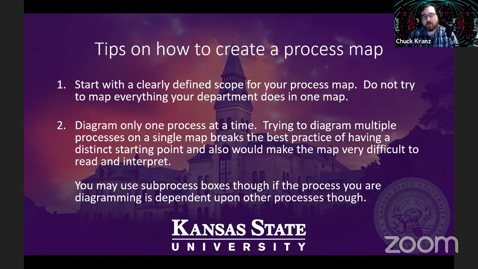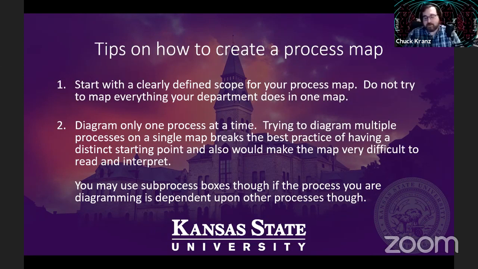Because it feeds into 2: you only want to map one process at a time. Trying to diagram many different processes on a single map not only breaks the best practice, but makes it a mess of spaghetti, with lines everywhere, very difficult to read, interpret, and gain any useful information out of.